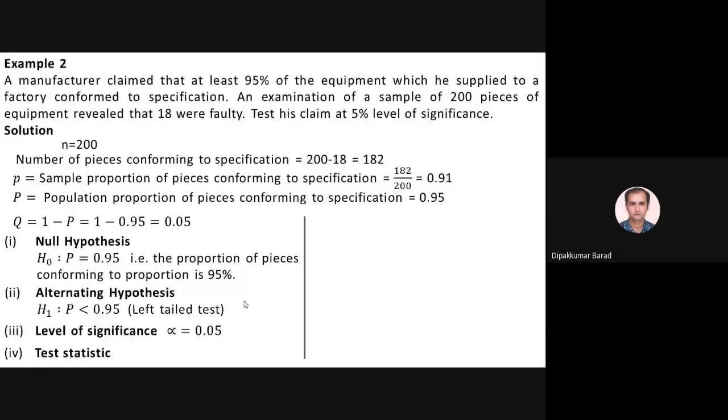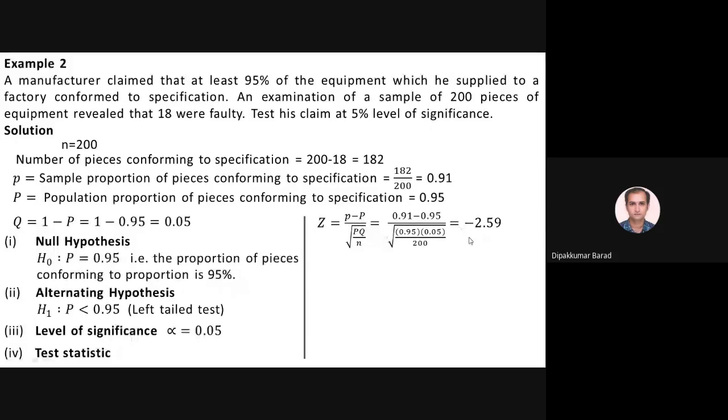For the test statistic we have a formula: Z is equal to small p minus capital P upon the square root of capital P Q upon n. We have already found n, small p and capital Q, so putting the values in this formula, I get minus 2.59.